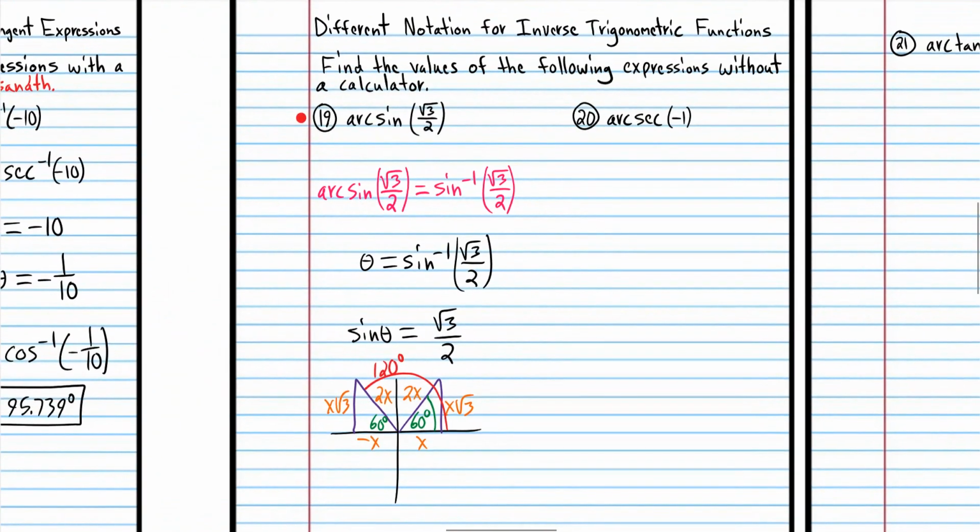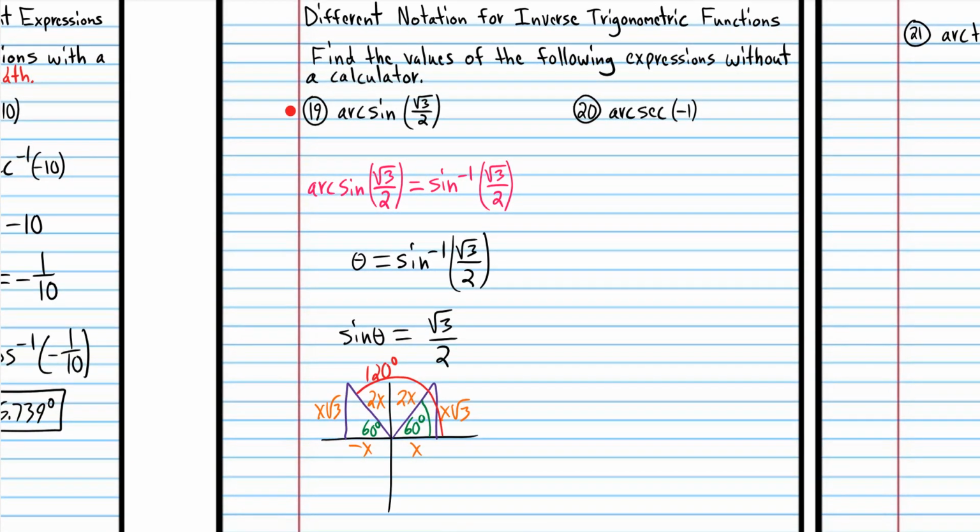Now, remember, when you see an expression like this, there's only going to be one solution. It doesn't tell us to find theta between 0 and 360. If that were the case, then we would have two angles.